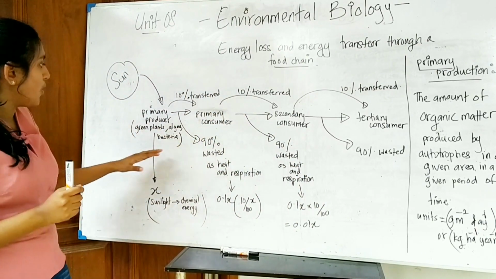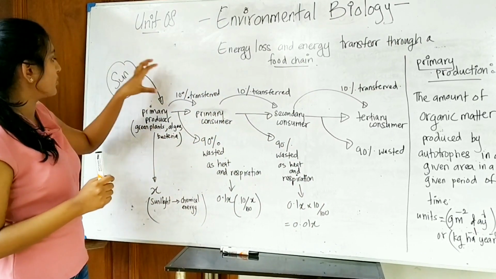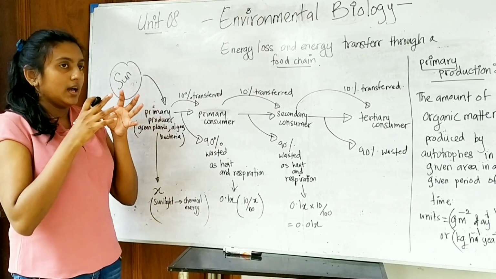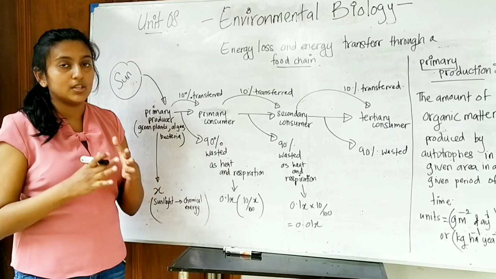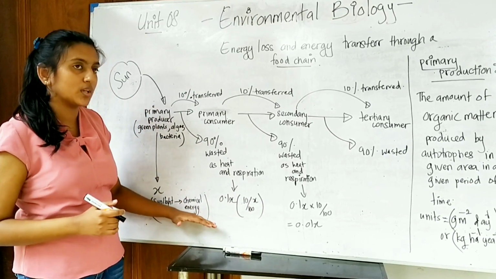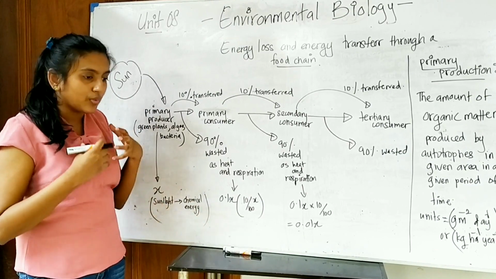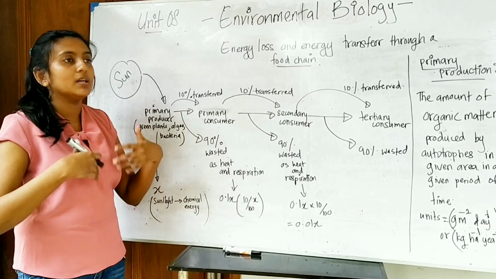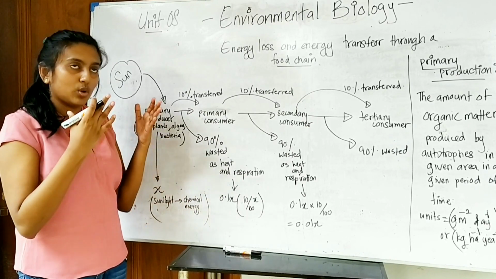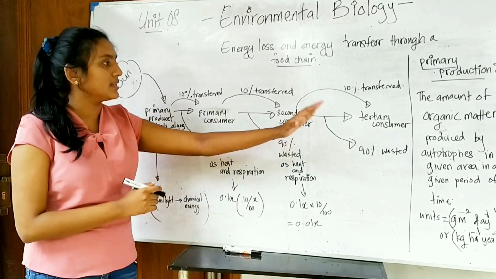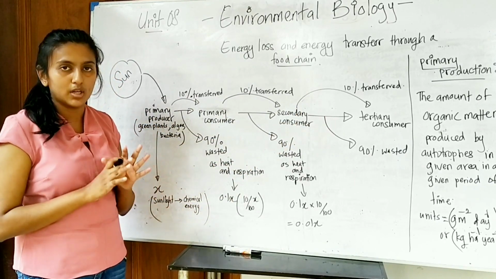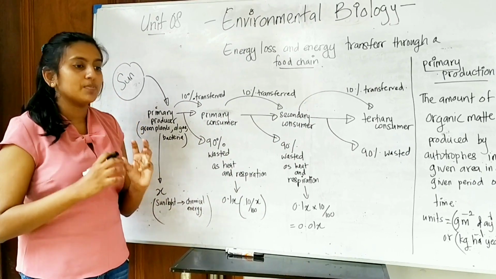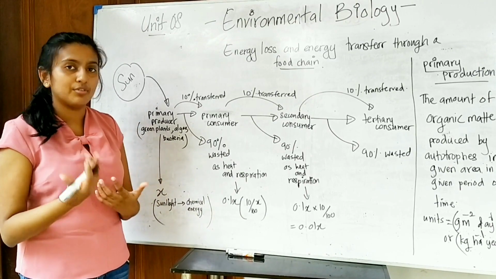So what happens is this: when a primary producer fixes a particular amount of energy it received as sunlight into chemical energy, a large portion, actually 90% of that energy initially fixed into chemical energy by photosynthesis, is wasted and consumed away as respiration and for its other biological processes. Now, not just in plants but at all these levels, everyone has their own biological processes going on inside their bodies, and we know that those biological processes require a lot of energy.